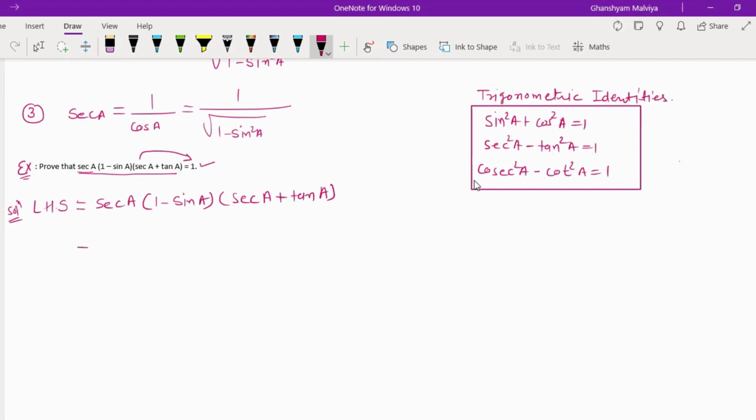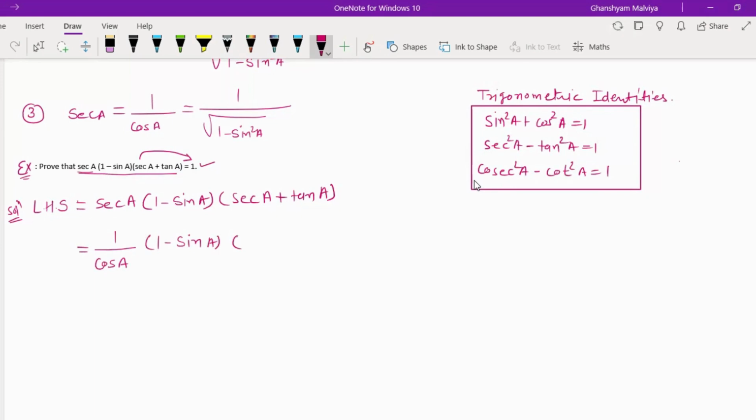So in this case, what will you do? You have to go from LHS to RHS. So you can simplify some things like sec A. Instead of sec A, you can write here 1 upon cos A. Can we write this, Advaita? Yes, sir.